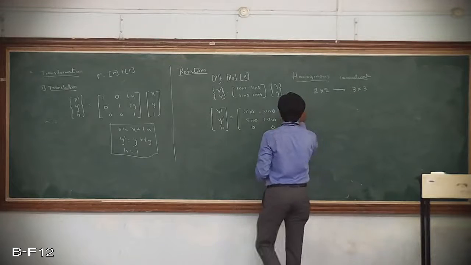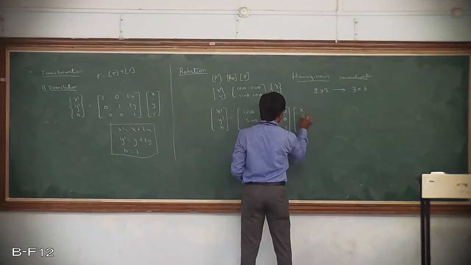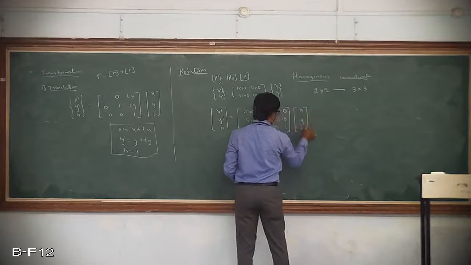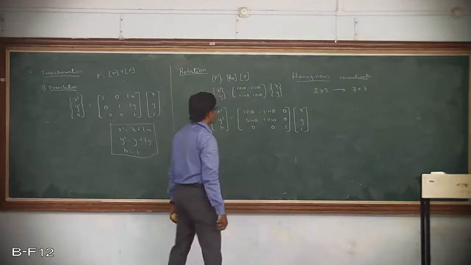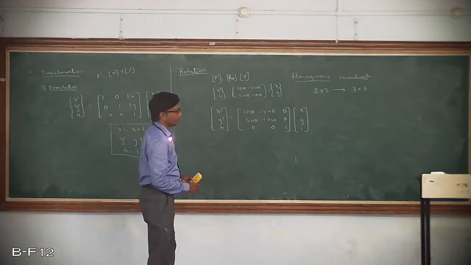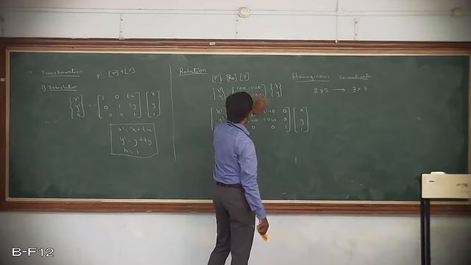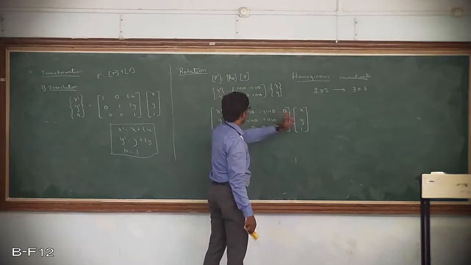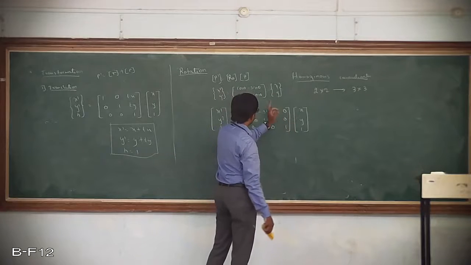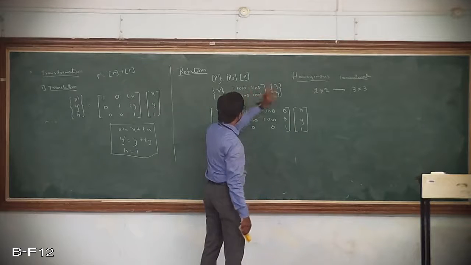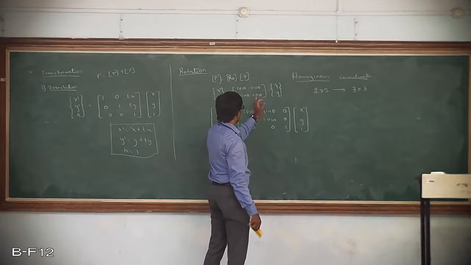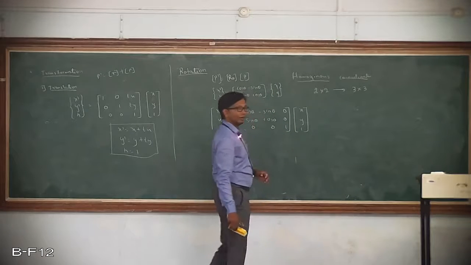So if I write it here, this will be x, this will be y, and this will be 1. Just observe, is there any change in the equation? So same thing, cos theta into x minus sin theta into y, 0 into 1 is 0. Here sin theta into x plus cos theta into y, same thing is written here.